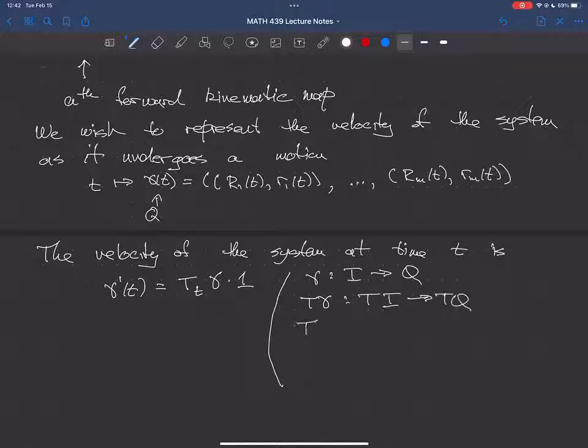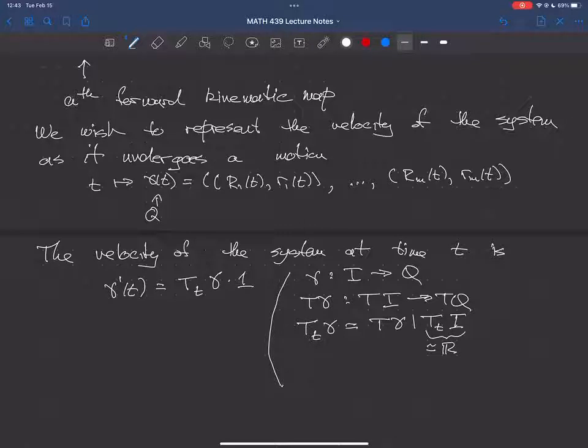T gamma is the restriction of T gamma to the tangent space at little t of the interval I, and this is R, because I is an open subset of R, and tangent spaces of open subsets of Euclidean space are naturally isomorphic to the Euclidean space.